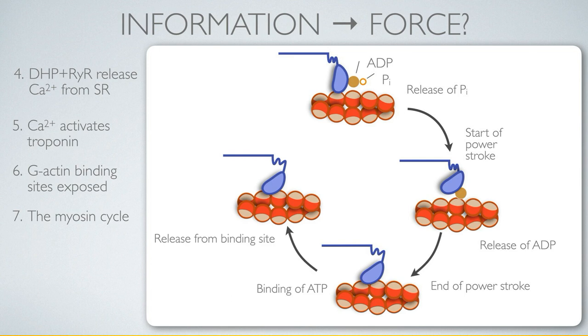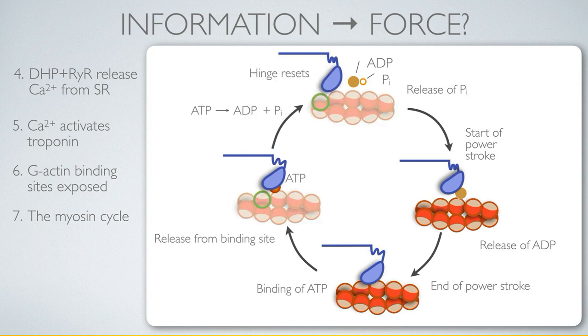When ATP becomes available, then the myosin molecule will detach from the thin filament. The myosin will then hydrolyze the ATP to produce the ADP plus the inorganic phosphate. And what you could see there up at the 12 o'clock, you can scroll back if you want to repeat it, was a reset of the myosin molecule.